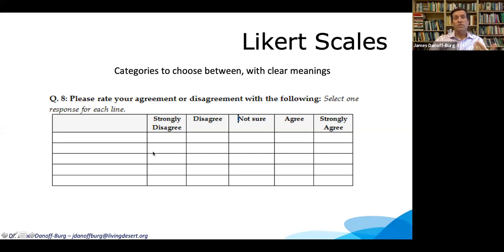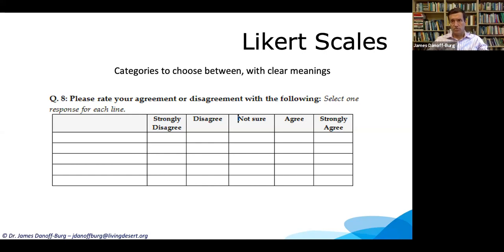So like with the rating scale, Likert scale items can be very long. You can include many items in a single question in your survey, right? So in this question 8 here, we have 5 boxes, meaning we have 5 separate items on this one question, right?